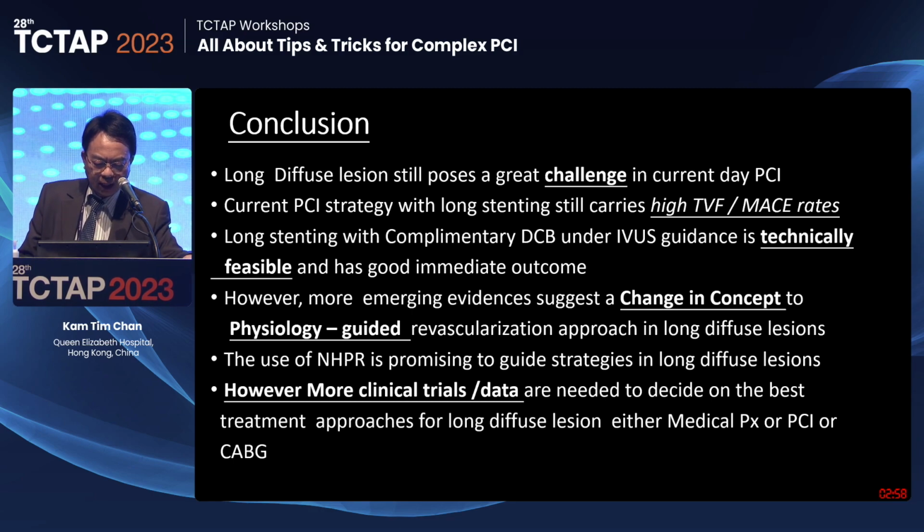However, there is more emerging evidence suggesting that a change in concept to a physiology-guided revascularization approach in these long diffuse lesions may have a better outcome. The use of a non-hyperemic pressure ratio is a promising tool to guide the strategy in these long diffuse lesions. However, definitely we need more clinical trials and data to decide on the best treatment approaches for these long diffuse lesions, either medical treatment or PCI or CABG, especially if they're stable.